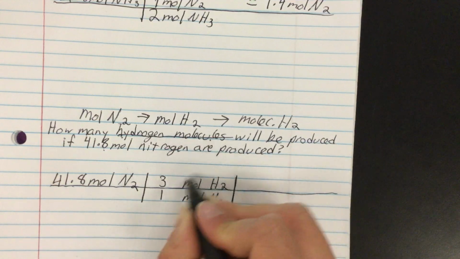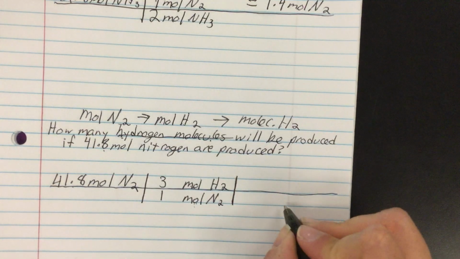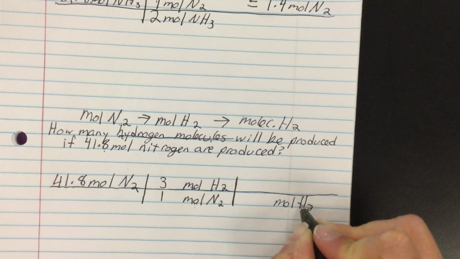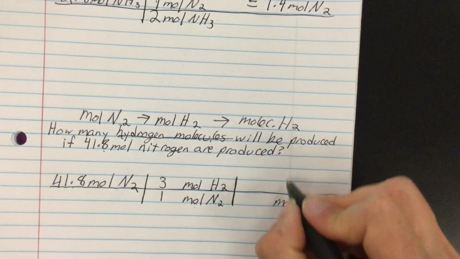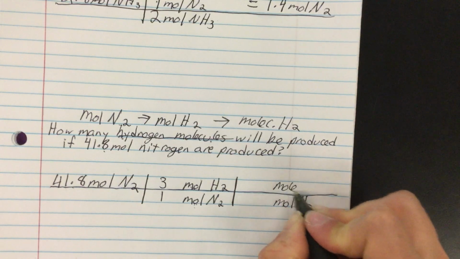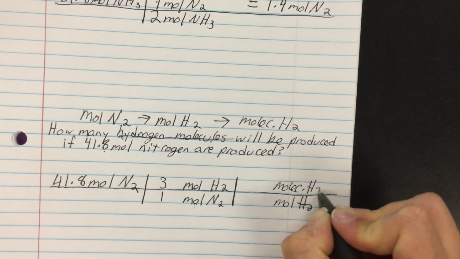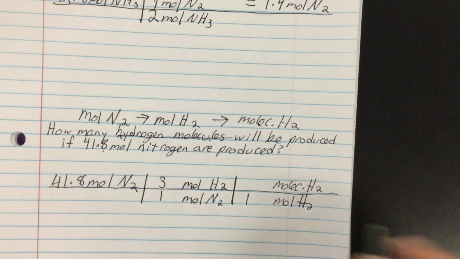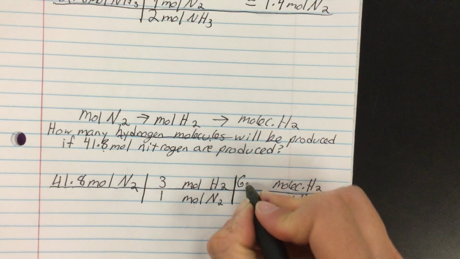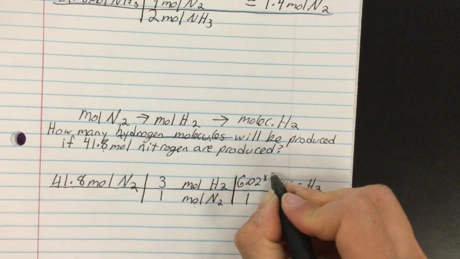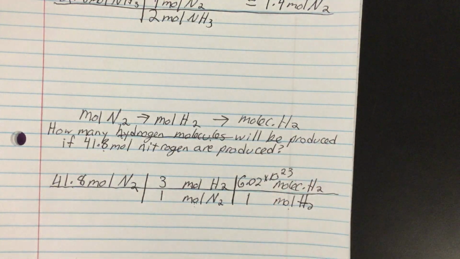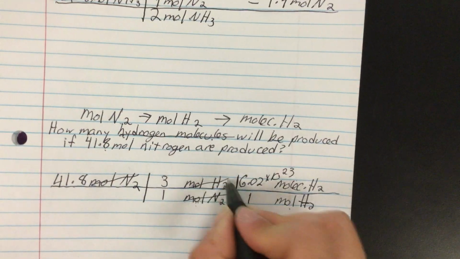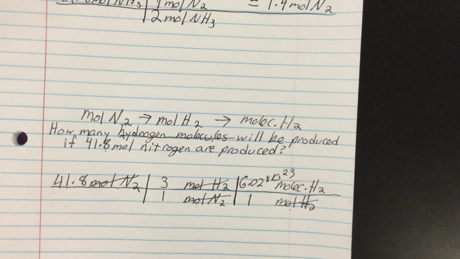Now I have moles of hydrogen here. We're going to drop that down to the bottom. Moles H2, drop to the bottom here, and I want to go to molecules of hydrogen. Well, the equality between moles and molecules is that 1 mole is equal to 6.02 times 10 to the 23rd. That will get me to molecules. You'll notice that moles of nitrogen go away, moles of hydrogen go away, and we're left just with the molecules.